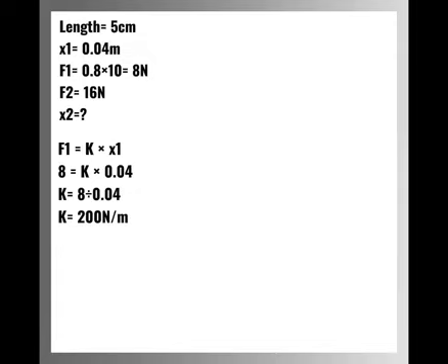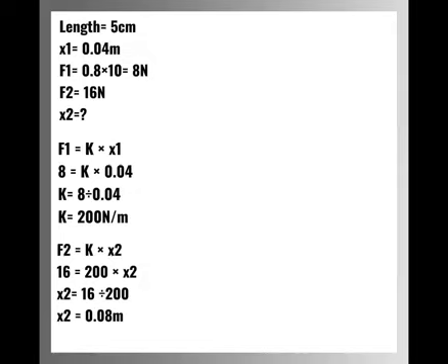Now we've gotten the constant, let's find the second extension. Force 2 equals constant times extension 2. 16 is equal to 200 times extension 2. Making extension 2 the subject of the formula, we have extension 2 equals 16 divided by 200, giving us 0.08 m. So our second extension is 0.08 meters.